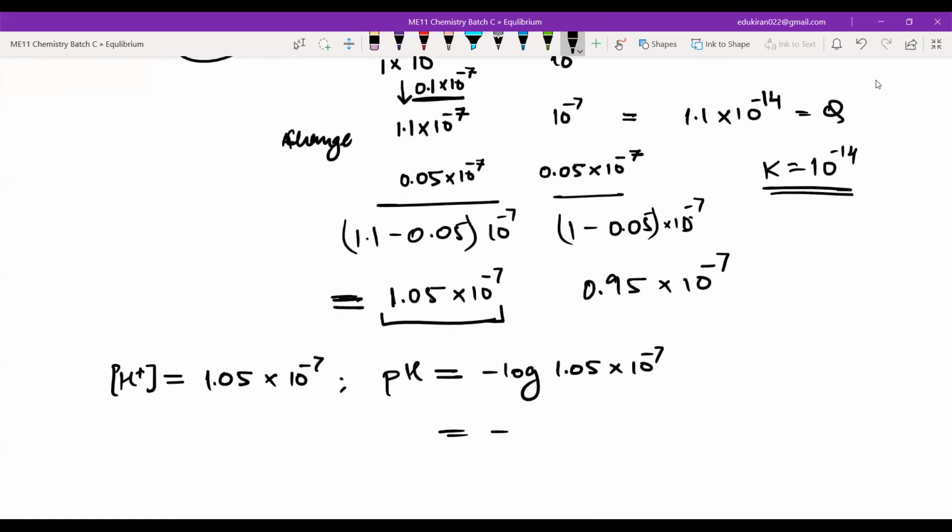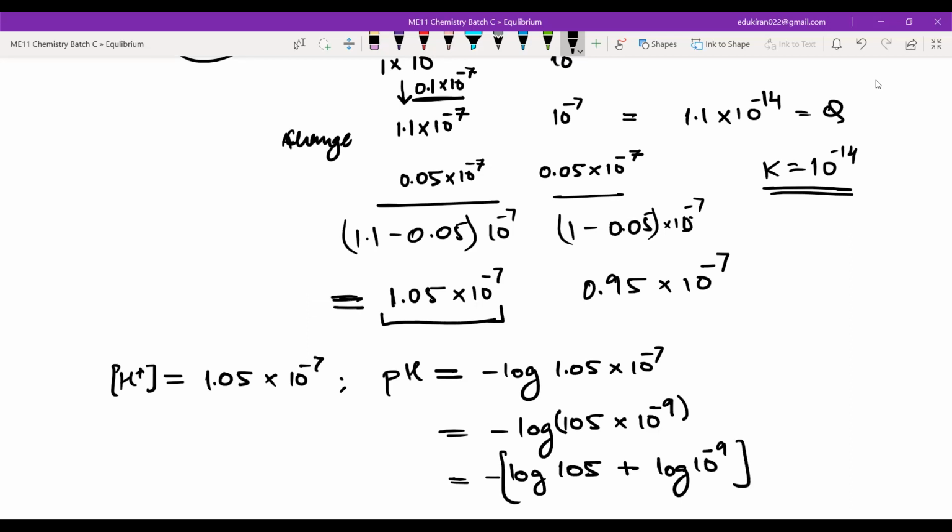I hope you all know now. Minus log of, you can write this as 105 into 10 to the power minus 9. Then this will be equal to minus log of 105 plus log of 10 to the power minus 9. So calculate this. Let me know if you're done. Give me the answer.